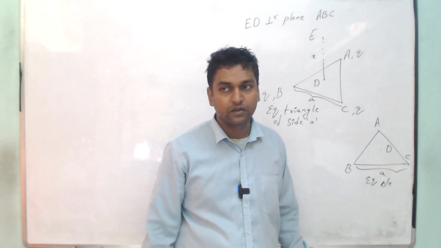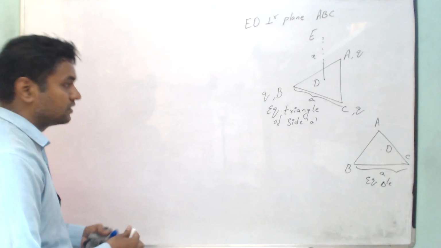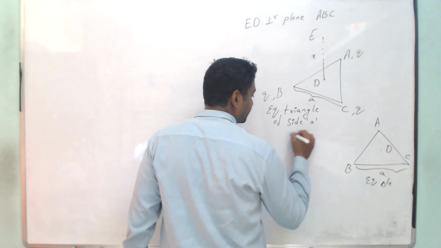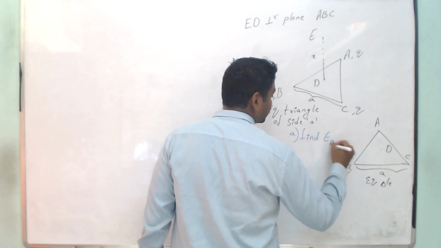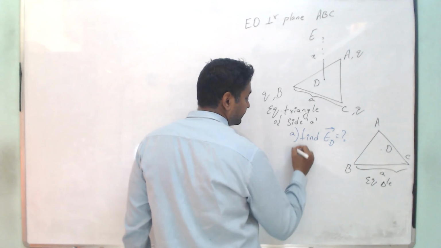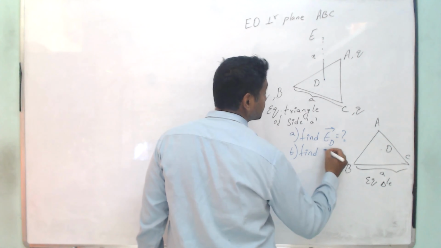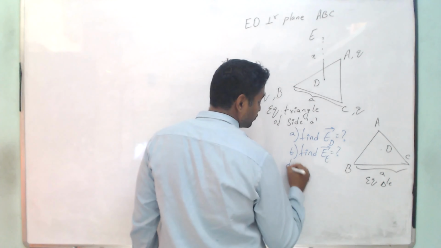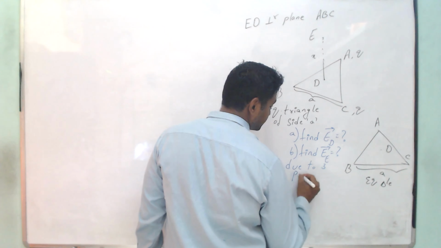Clear? Now we need to find two things. A part: find the electric field at point D, which is the center of the equilateral triangle, and B part: find the electric field at point E, due to all these 3 point charges.